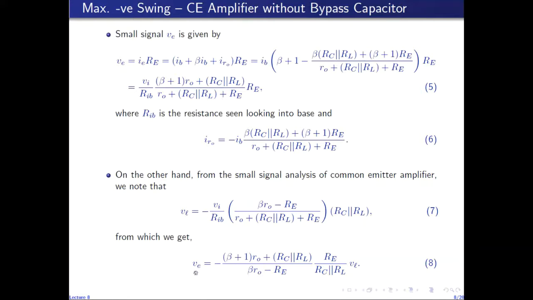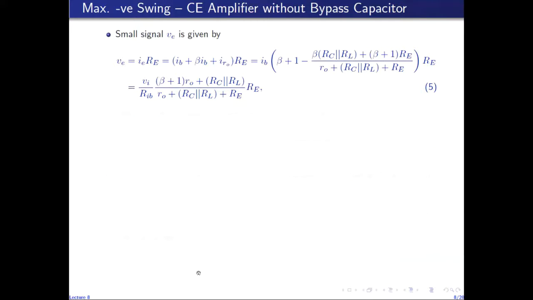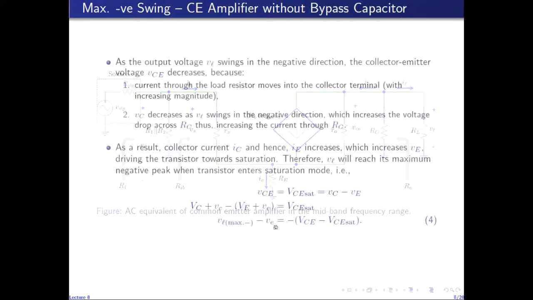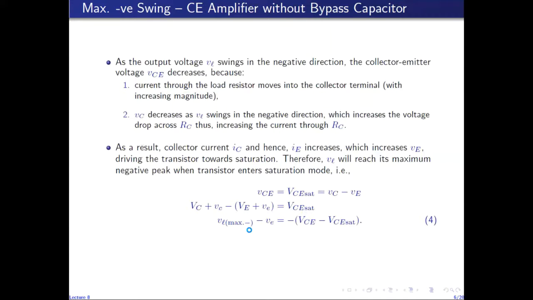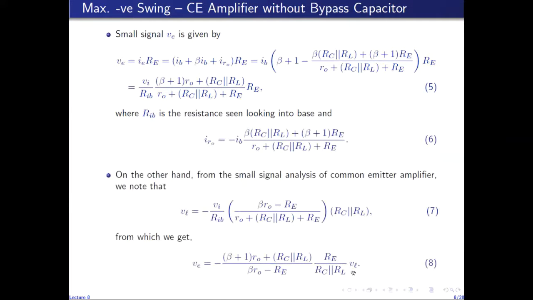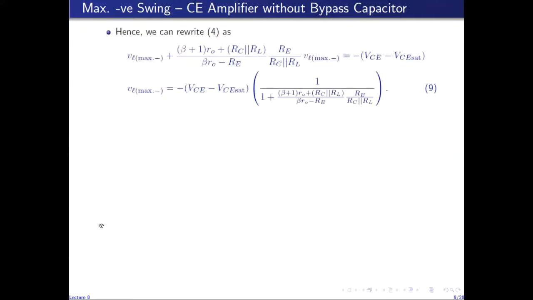So putting this VE back into the equation we had just derived, and since under this condition VL is equal to VL maximum negative, replacing this with VL maximum negative and putting the resulting expression back into the equation, we get this result. This is the expression we had just derived for VE, and this is the right hand side.